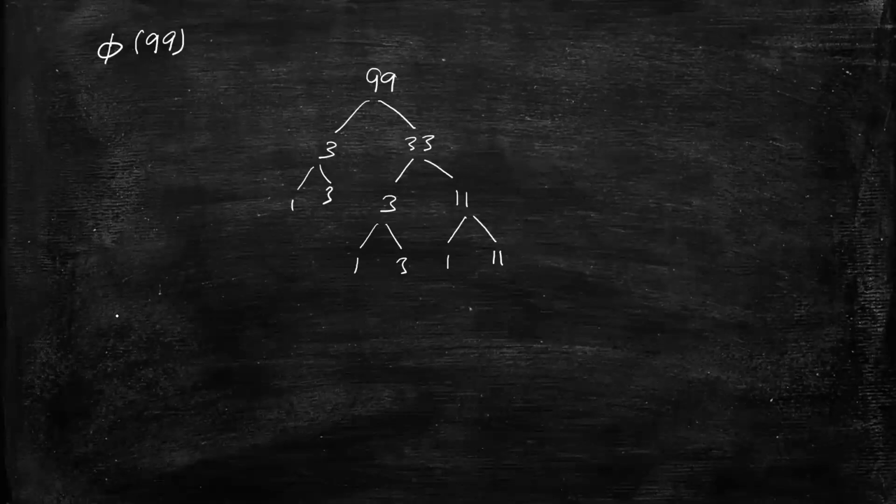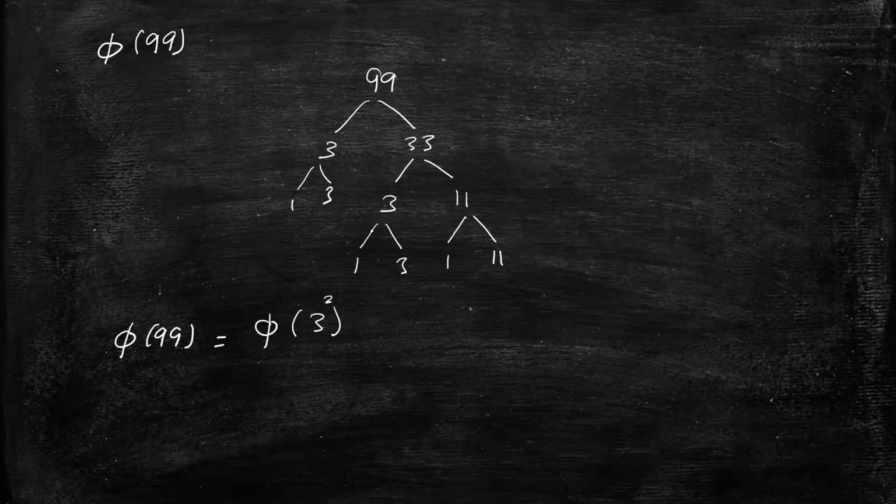So right off the bat, I can actually say that the Euler function of 99 is going to be, now here we're going to be using a property, which is the product property of the Euler function. And that is, we can take the totient of the number 3, and we're going to be using the exponentiation property because we see that the 3 is repeated here.